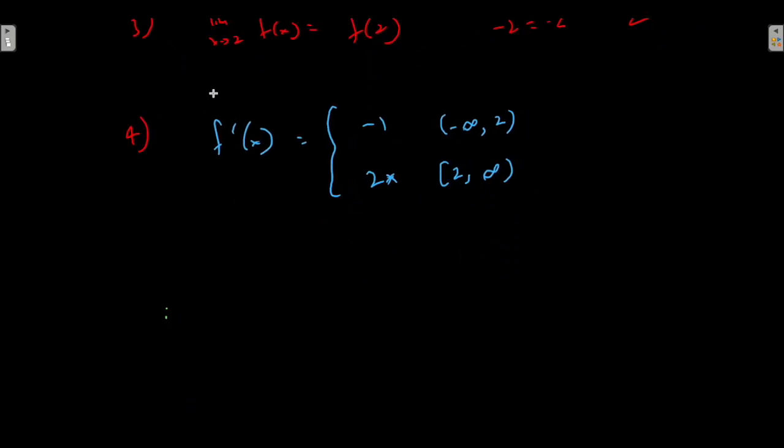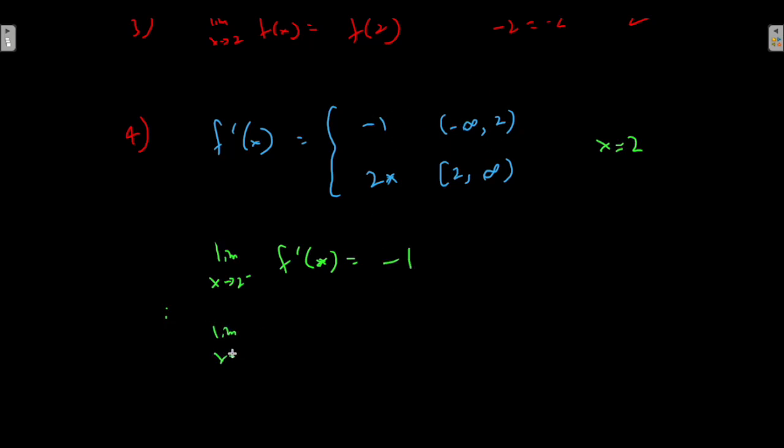Okay, so we want to find if it's differentiable at x equals 2. So we could just take the one-sided limits. The limit as x approaches 2 from the negative side of f prime of x would equal, well, the left side is just this part, so this is -1.